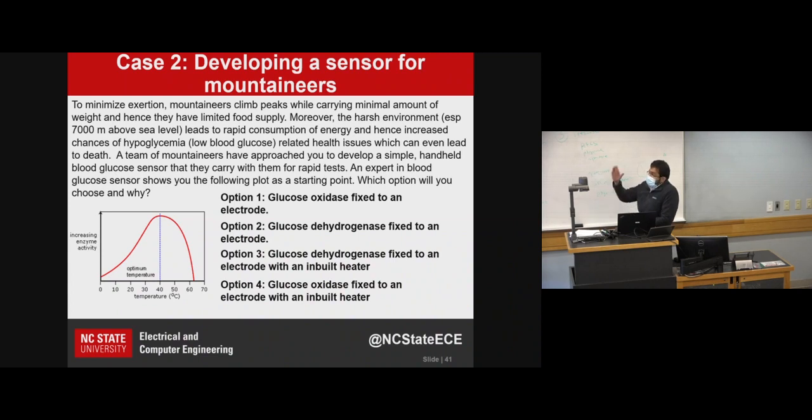When these mountaineers, especially when they're above 7,000 meters, there's a lot of exertion. They are losing a lot of energy, and they are not carrying a lot of food with them. So it's like the perfect recipe for going into hypoglycemia, which is basically low blood glucose levels. And this is why a lot of the people have giddiness, and a lot of the people die because of these hypoglycemic conditions.